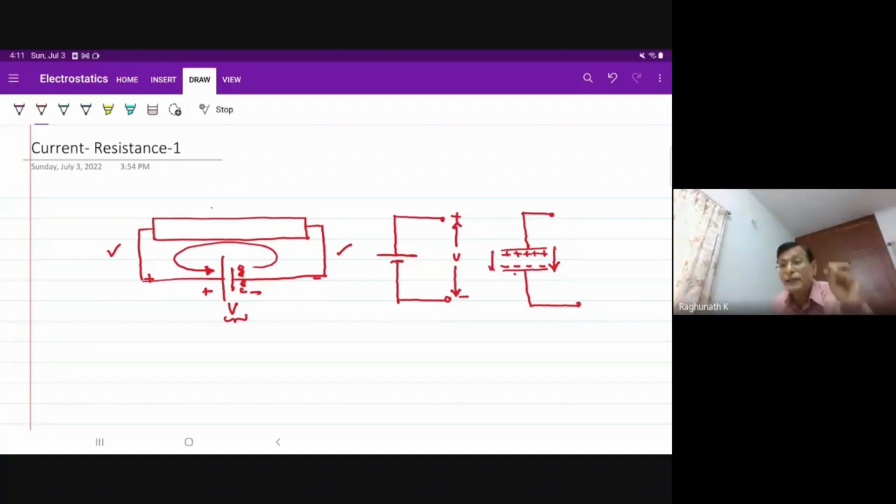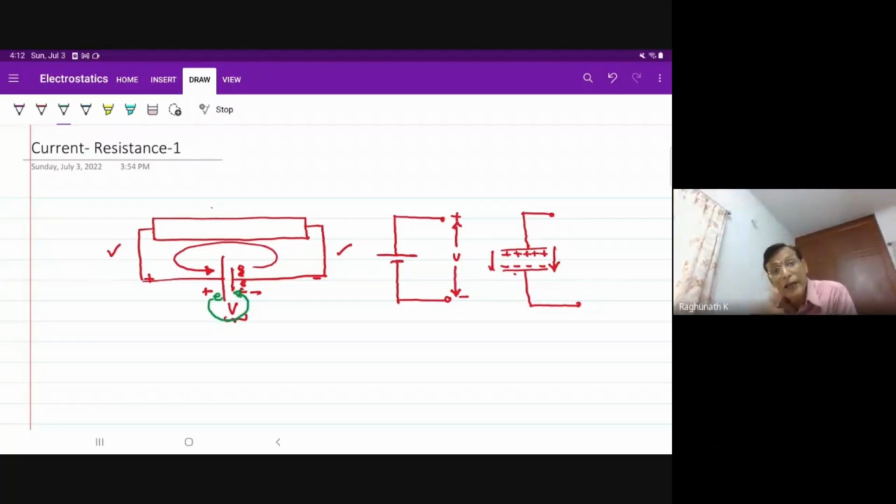the source either uses chemical energy or mechanical energy or solar energy, whatever it is, to do what actually? To maintain the potential difference between the terminals to be equal to V volts. Whichever electron reaches the positive conductor should be immediately pushed onto the negative plate.